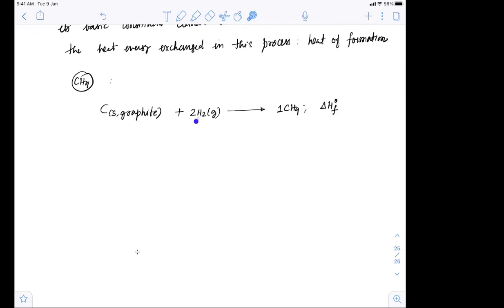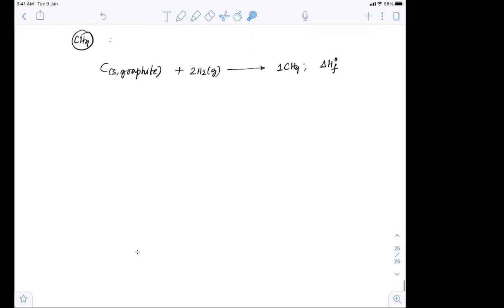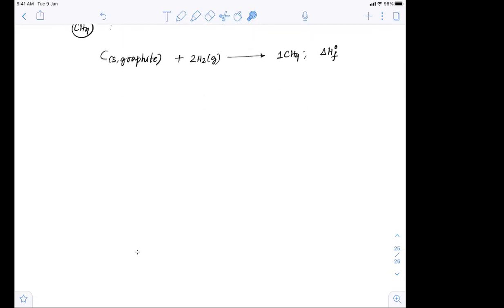So I first need to know which of these elements should be made standard. We have so many elements, so what should be their standard forms? Let us find out all the most stable aggregates now.